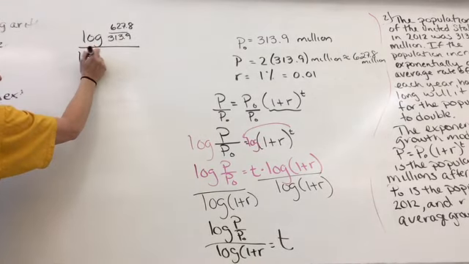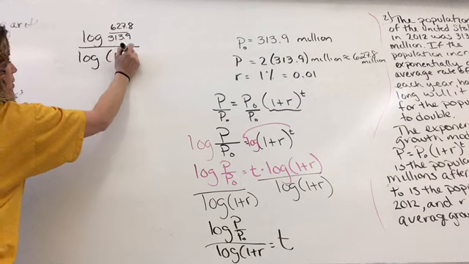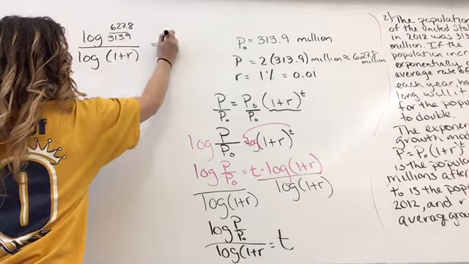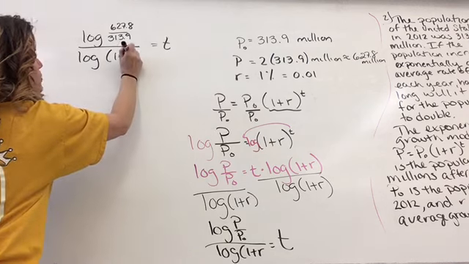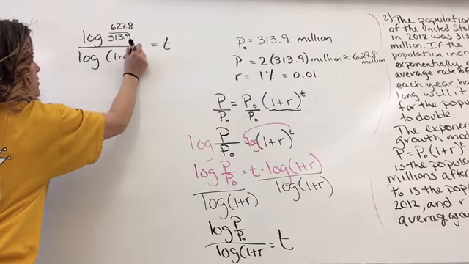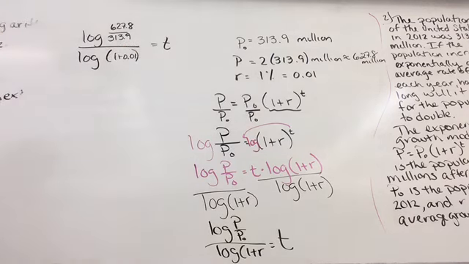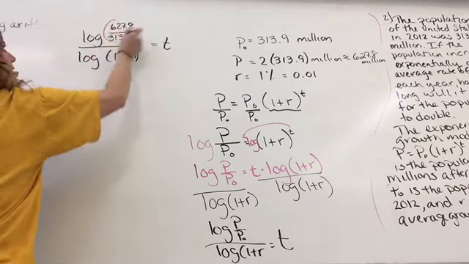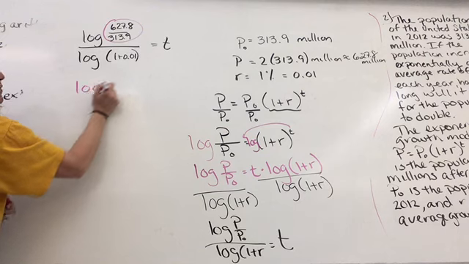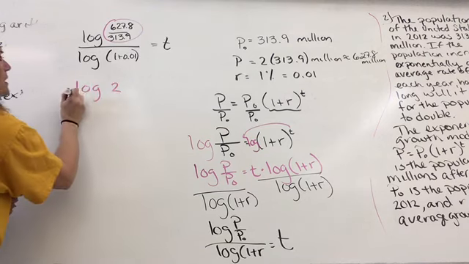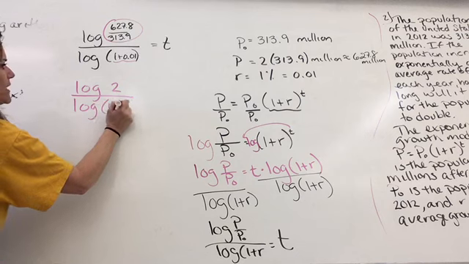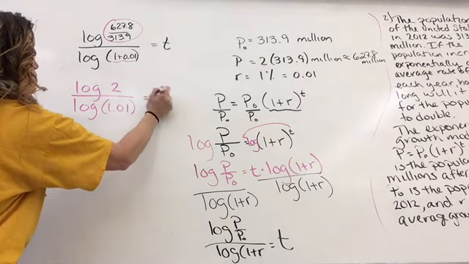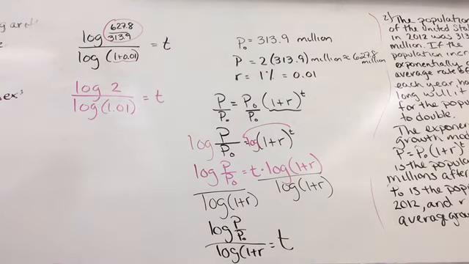That's divided by the log of 1 plus R, and that's equal to T. But R, we found out, is 0.01. So we're going to simplify things. This right here is just 2, because remember, it was doubled. Here, if I add those together, I get the log of 1.01, and that's equal to T.